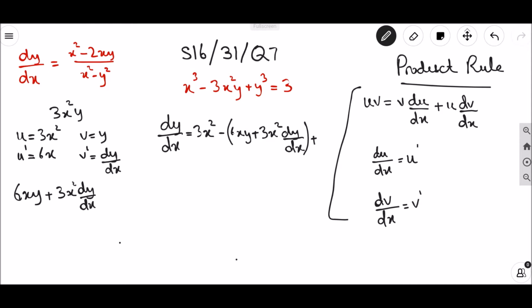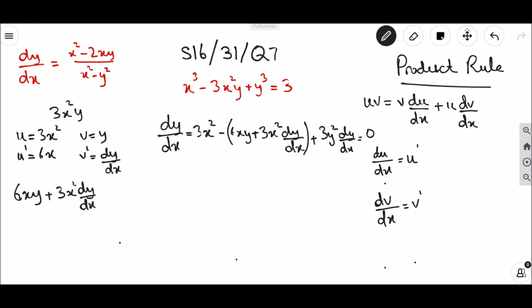Now, lastly, we have y cubed. The derivative of y cubed is 3y squared dy over dx. And the derivative of any number, here it's 3, is 0, so it equals 0.